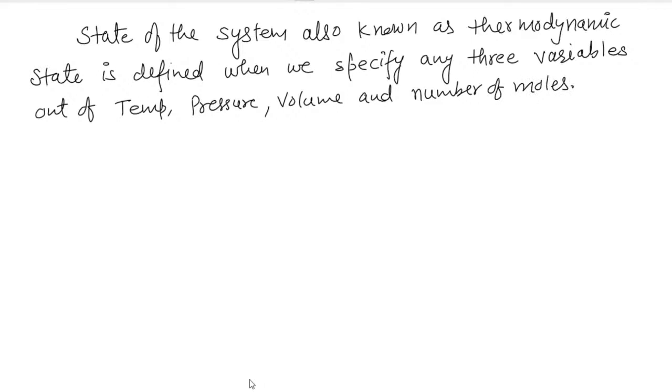Okay, so that is called the state of the system. A state of the system, also called the thermodynamic state, is defined when we specify any three variables out of temperature, pressure, volume and number of moles.